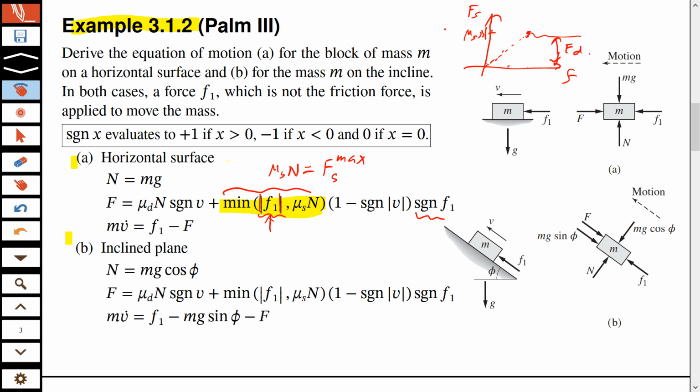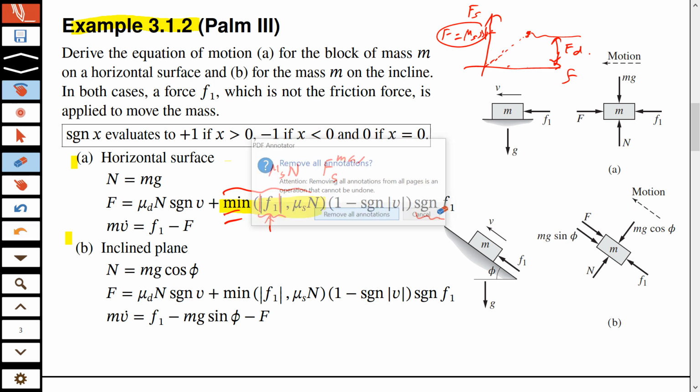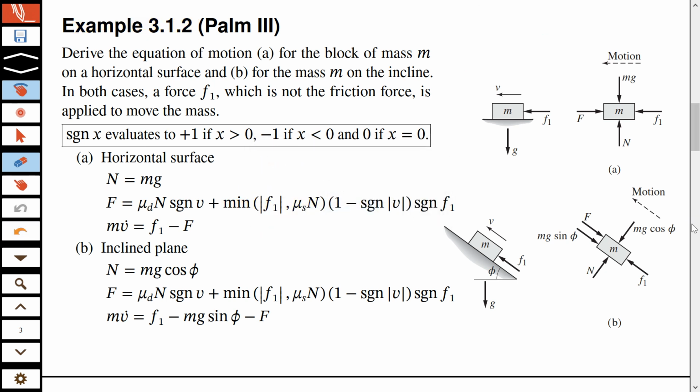So you cannot say that friction force is always equal to this maximum value. So we need to make this correction. At that point, actually nobody pointed this out, so it just came to my mind today.